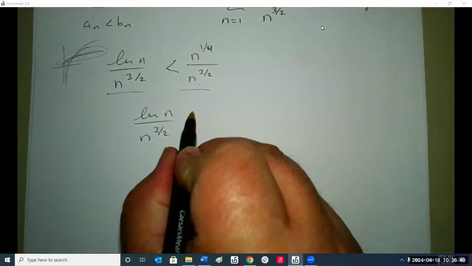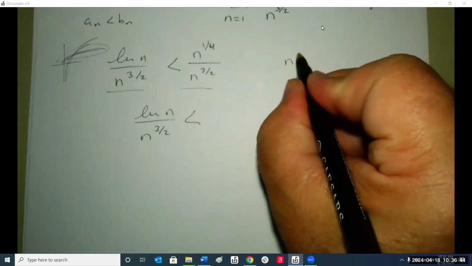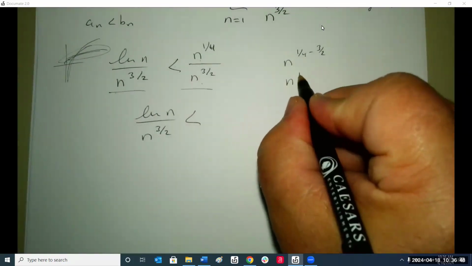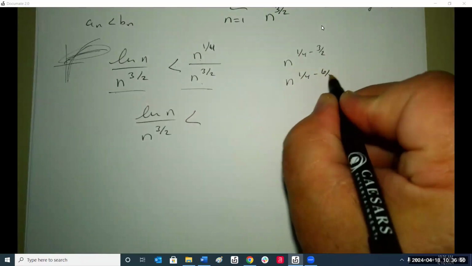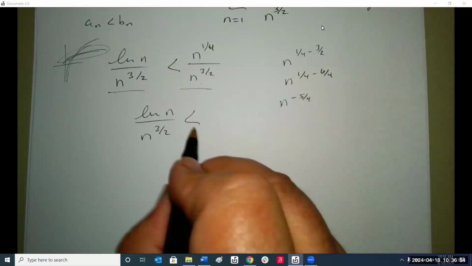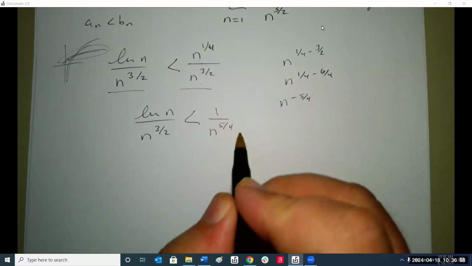So let's look at that. We have n 1/4 minus 3 halves, 6/4, and negative 5/4. So it's 1 over n 5/4.